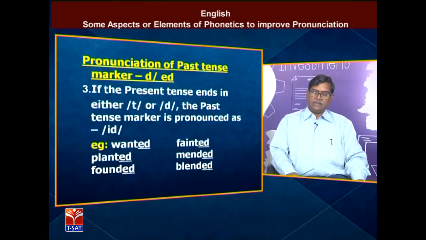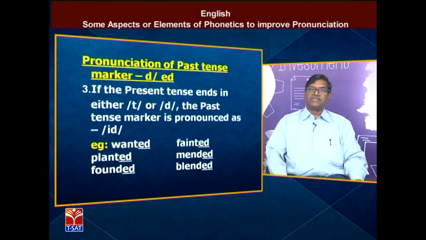And here, if the present tense ends in either t or d, the past tense marker is pronounced as id. Want, wanted. Faint, fainted. Plant, planted. Not "plantéd", not "faintéd".